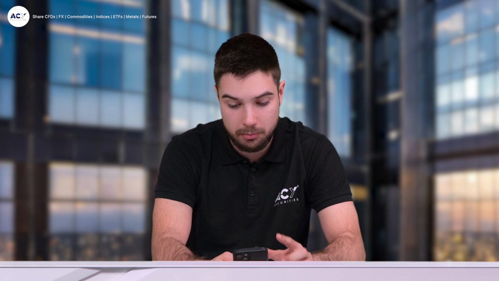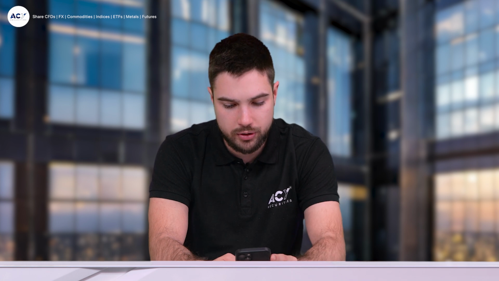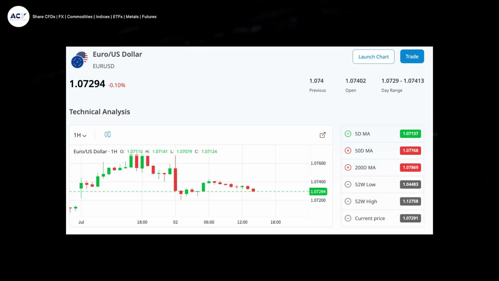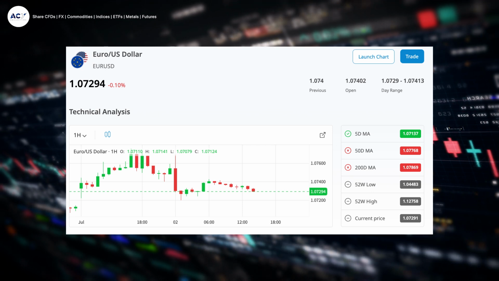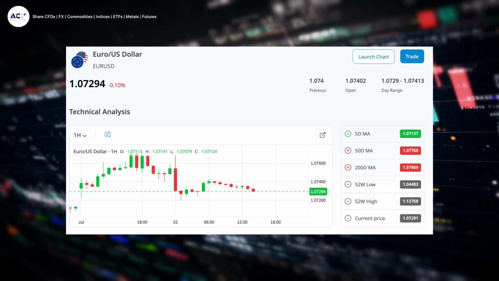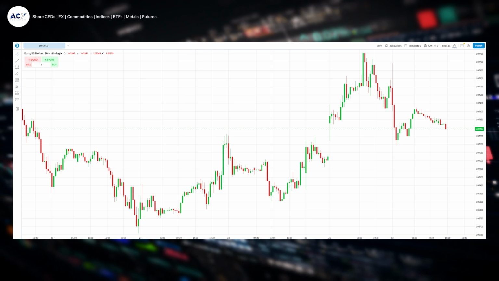Let me double check it. 107.71 was the number. All right, and now we just saw euro dollar dropping massively in the candle of 1 hour. Firstly it had a huge gap all the way up, and then it closed all the way down.